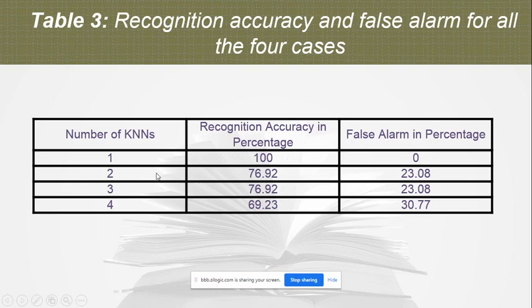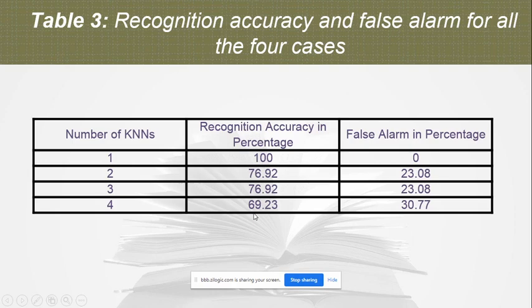If the number of neighbors equals 3, I am getting the same result, 76.92%, and misclassification 23.08%. If the number of neighbors equals 4, I am getting the recognition accuracy, correct classification accuracy, 69.23%, and false alarm, misclassification 30.77%.